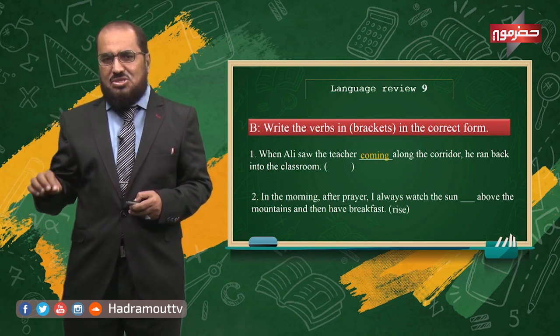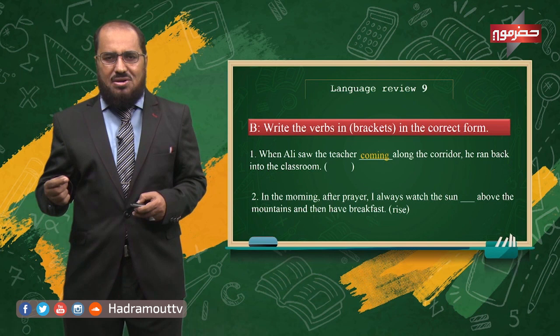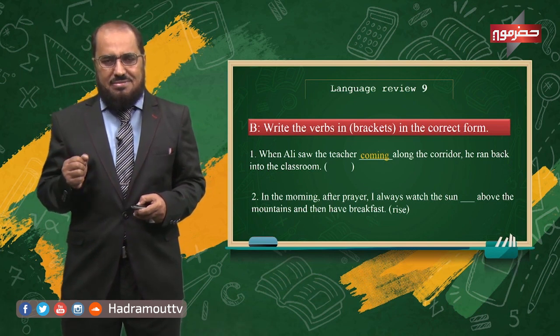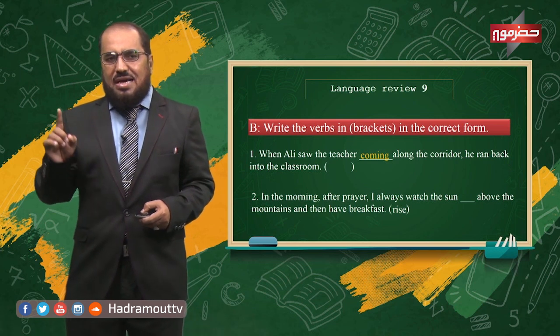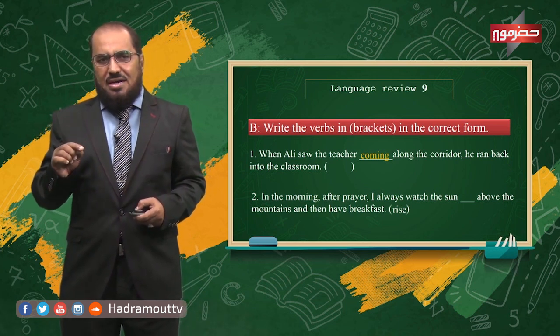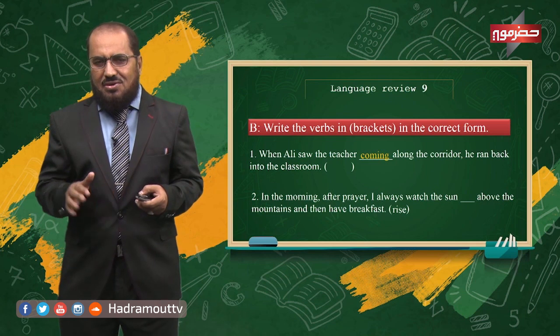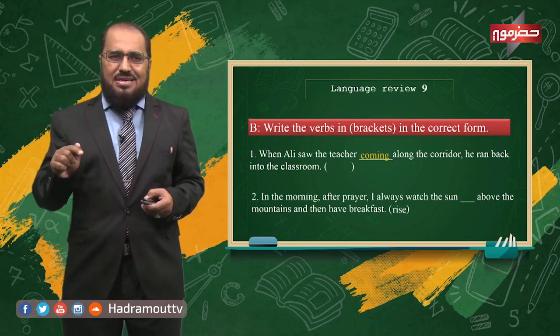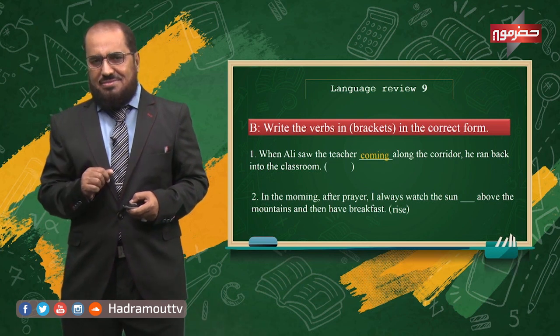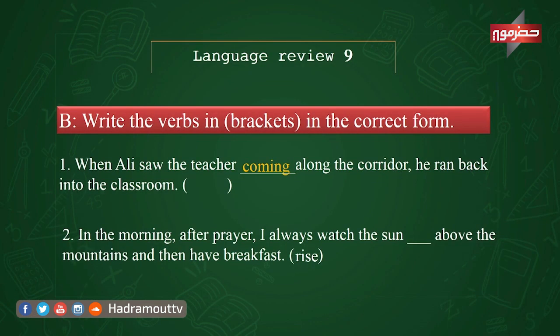This action must be still continuous or completed. In the morning after the prayer, I always watch the sun rise or rising above the mountain and then have a breakfast. So 2 actions. The first one completed and the second one have a breakfast. So it must be what?